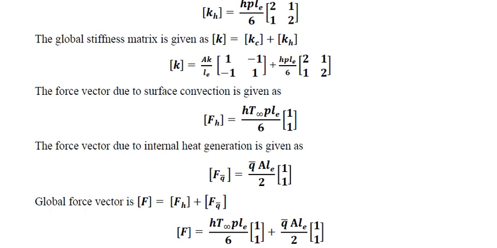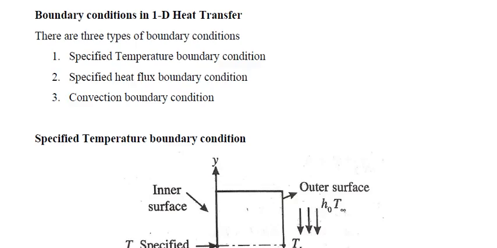We have learnt about the conductivity matrix, the conductivity matrix with end convection, and the conductivity matrix with surface convection and internal heat generation. Internal heat generation may or may not be there. If it is given, we have to consider it, otherwise we should not. Now let us see the boundary conditions in these cases.